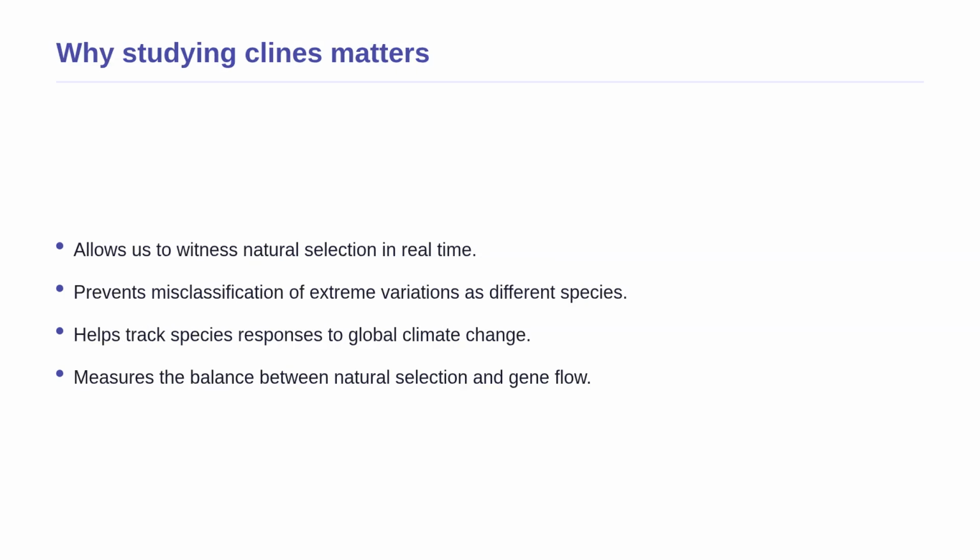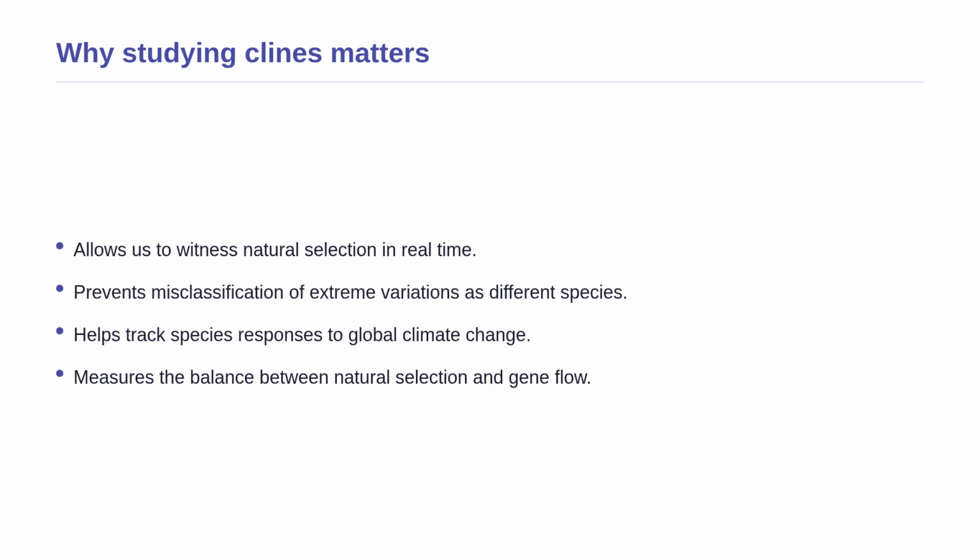So why is this continuous gene flow so important for us to study? Understanding clines is absolutely crucial because it allows us to witness natural selection and adaptation happening in real time across a physical space.